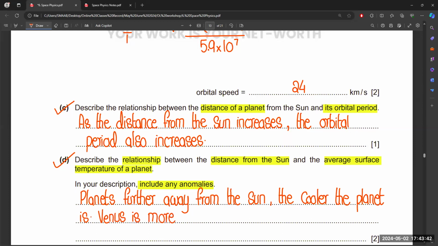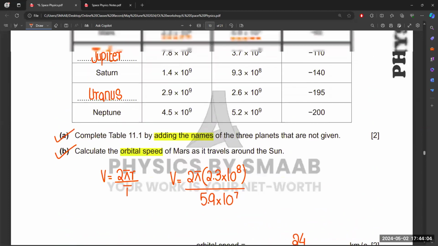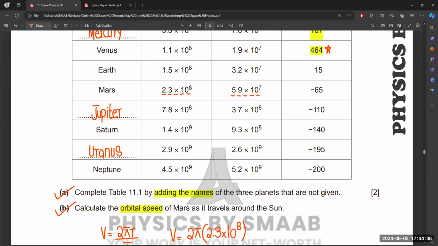So Venus is hotter than Mercury, or you can also say that Mercury is cold as compared to Venus. This is the concept that we observe from this table. Otherwise, for all other planets, temperature is decreasing.